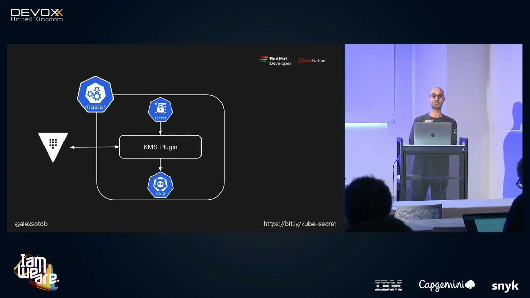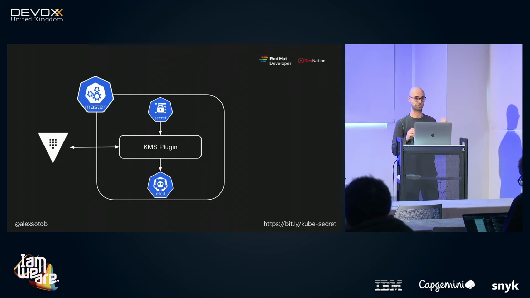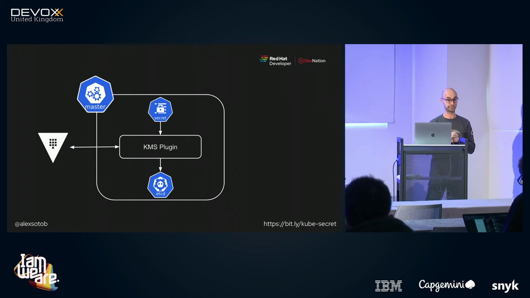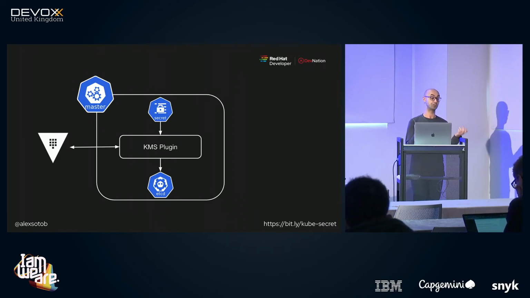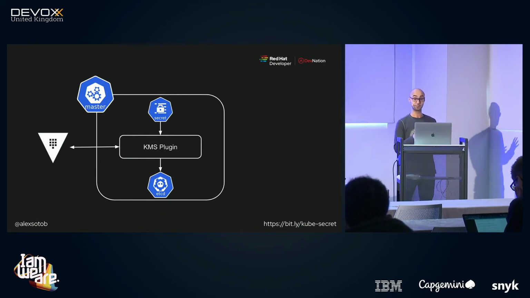And now, instead of using the encryption config object, what it does is connect to an external key management system that encrypts that data, usually using HTTPS, and then it gets back the result, and then the secret is stored in etcd. So it's exactly the same way as before. We are just encrypting the content inside etcd.